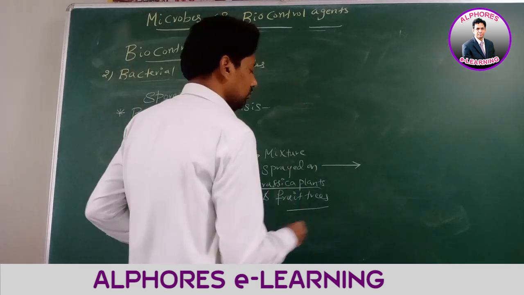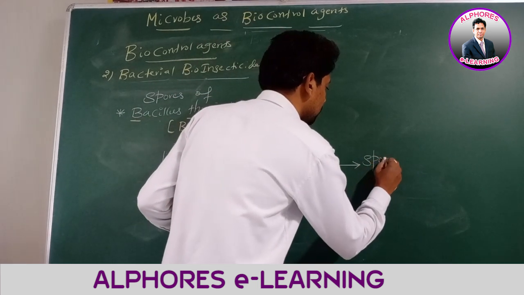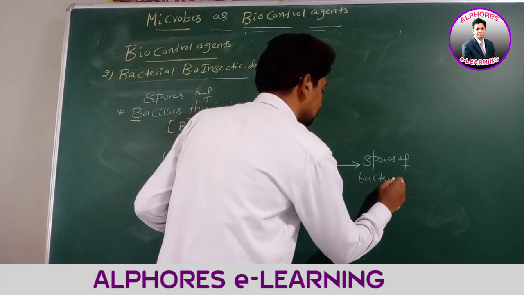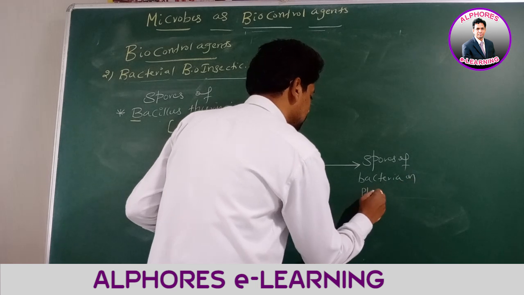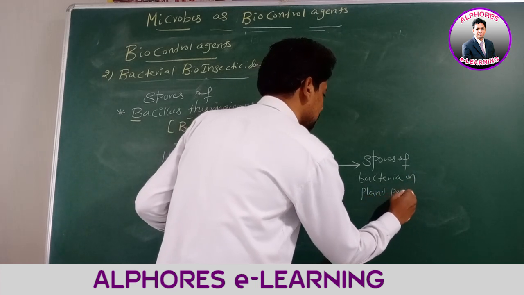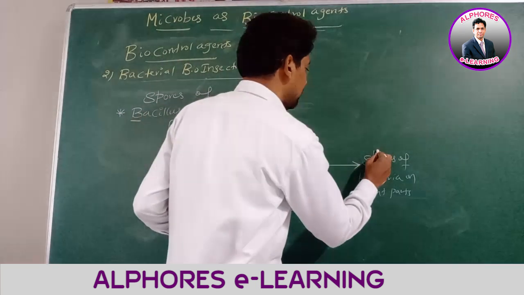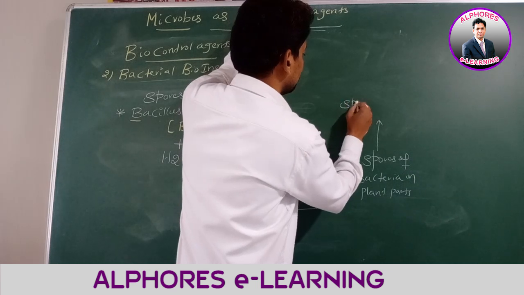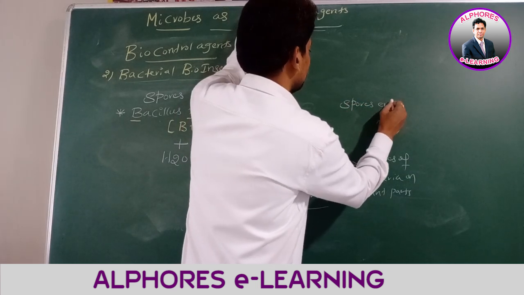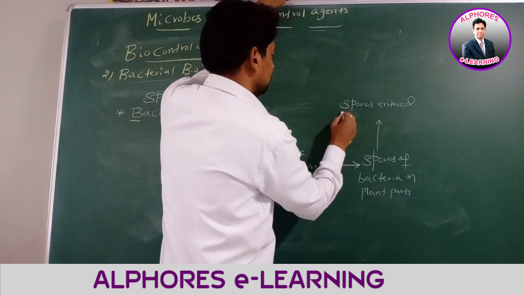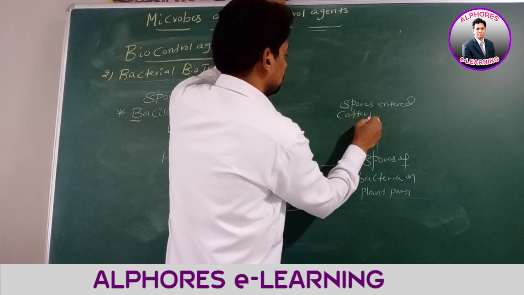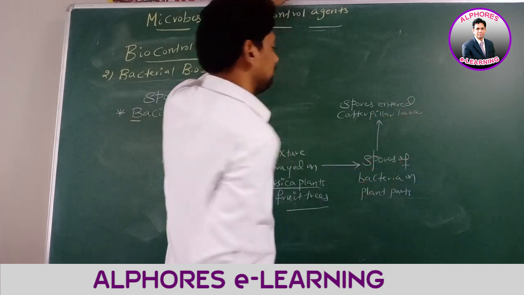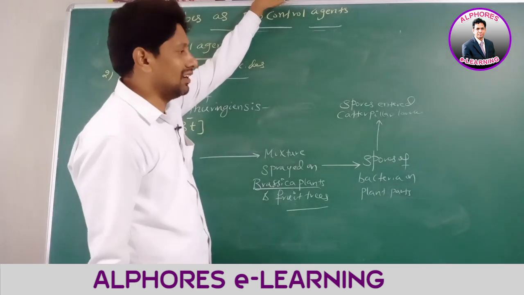Therefore, spores of bacteria on plant parts. Right? Now what happened? These spores entered the caterpillar larva. Entered what? Caterpillar larva.